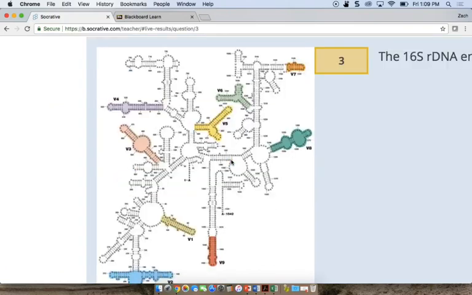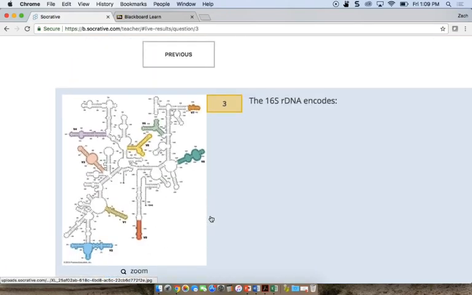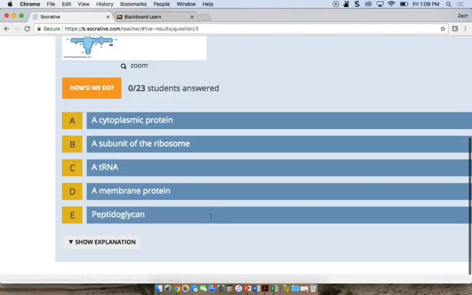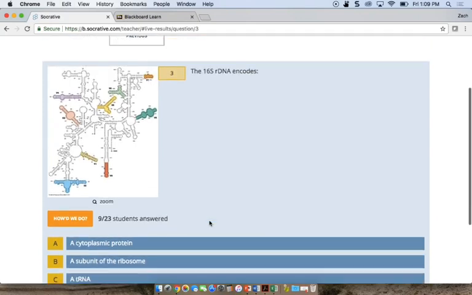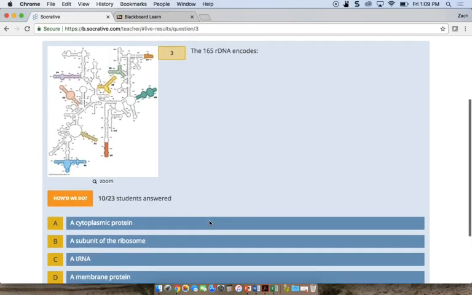All right. Here's the last one. 16S rDNA encodes cytoplasmic protein, subunit of the ribosome, tRNA, membrane protein, or peptidoglycan. Just rolls off the tongue.